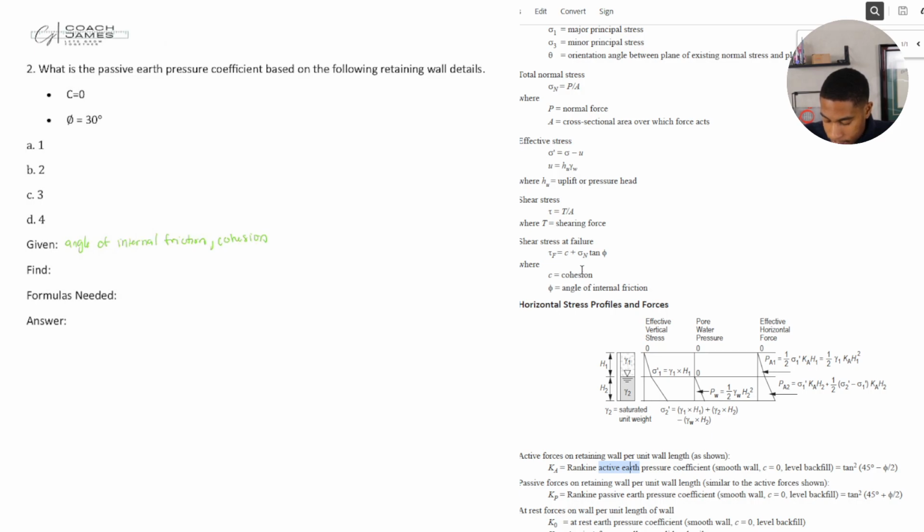If you don't know how to get there, the first thing we could do is search passive earth pressure, or passive earth, and you can see that this is the only place that it could be. So we're trying to find the passive earth coefficient.